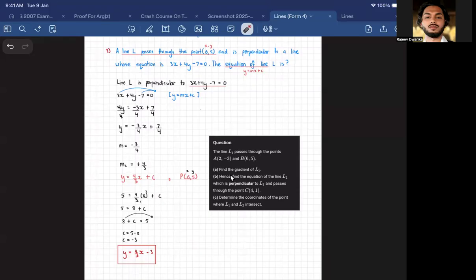In the second part, they're saying to find the equation of L2, given that it's perpendicular to L1. So if 2 lines are perpendicular to each other, do you know how you'd find the gradient for the next line? If we found the gradient of L1 to be 2, what would the gradient of the other one be?